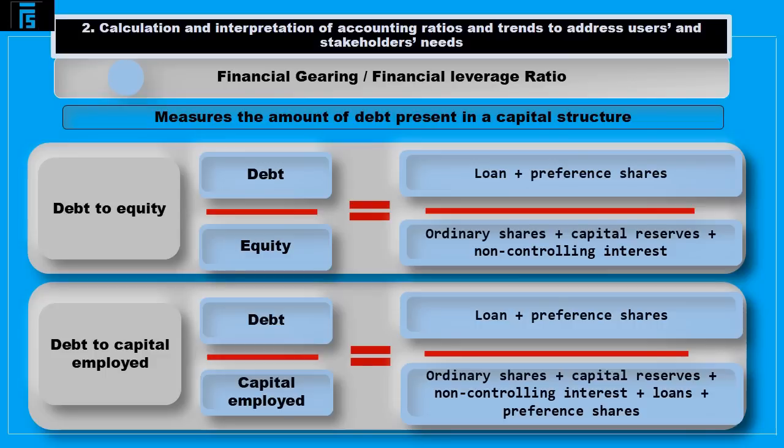Additionally, debt, as shown in the numerator, also includes preference share capital, as preference shares are similar to debt instruments in the sense that they carry a fixed dividend, which is payable before any distributions are made to the holders of ordinary shares.